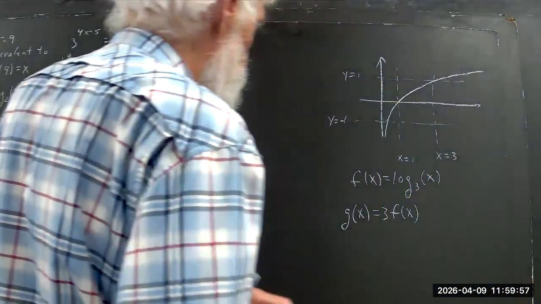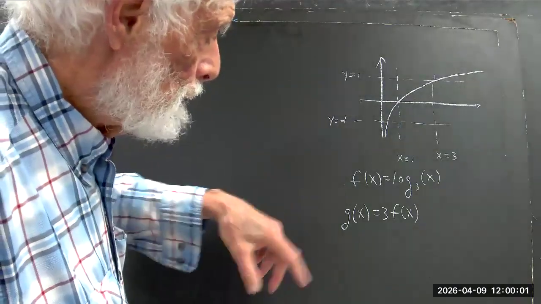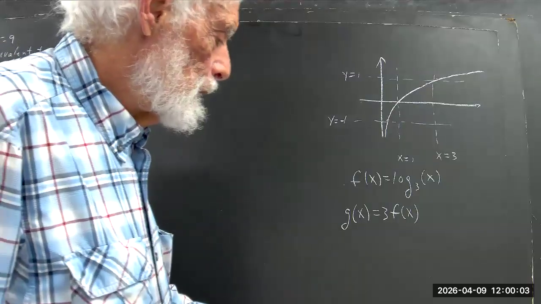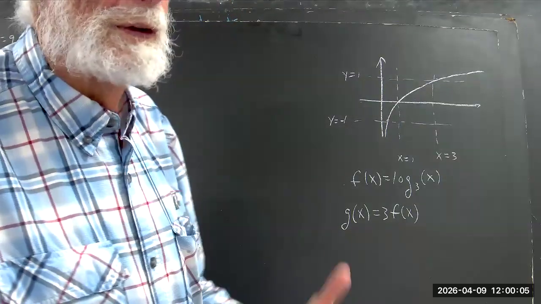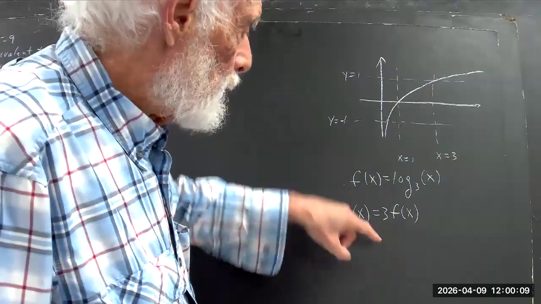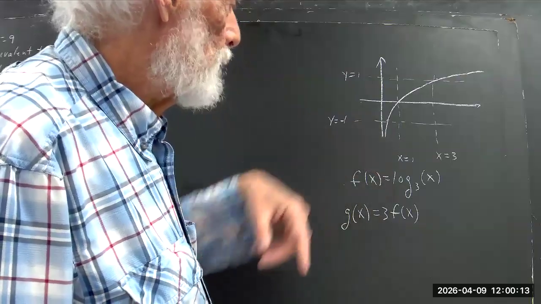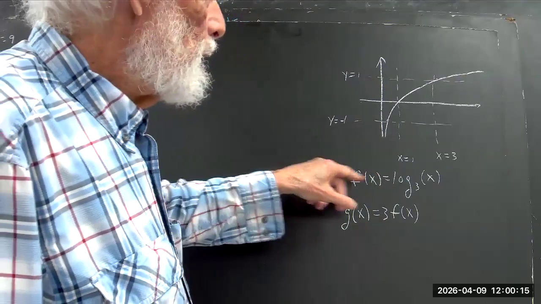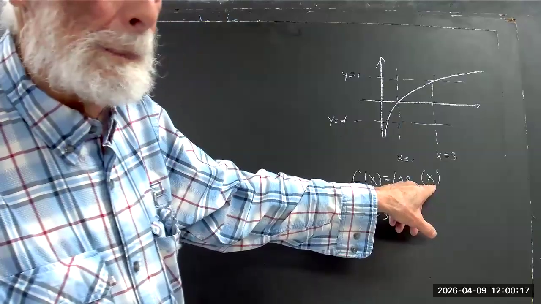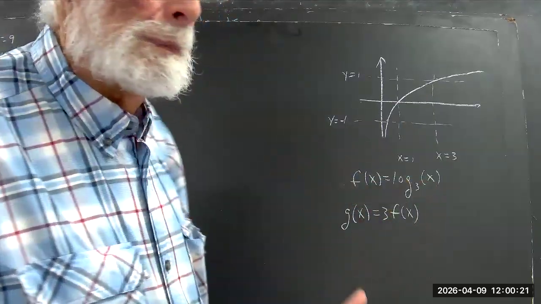How would the graph of 3f of x compare with the graph of f of x? Again, for some reason, this is hard for students. And it's pretty much all students. So if you're not completely getting it, you've got to review it and keep thinking about it. Well, take a value of x and plug it in here, and you're going to get a y value.